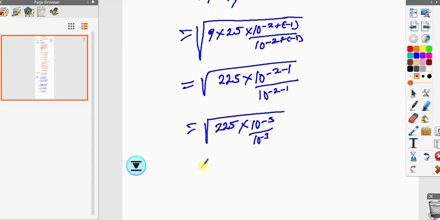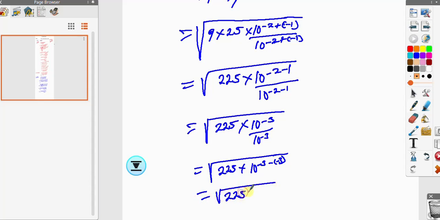Alright, so here now will be equal to 225 multiplied by 10 raised to power minus 3. When this one comes, you have your minus here, right? So here will be equal to 225 times 10 raised to power minus 3, minus times minus, that is plus, right?